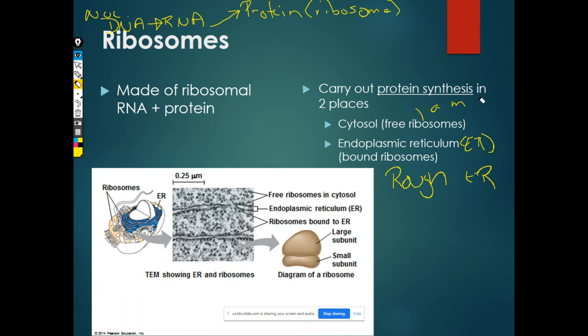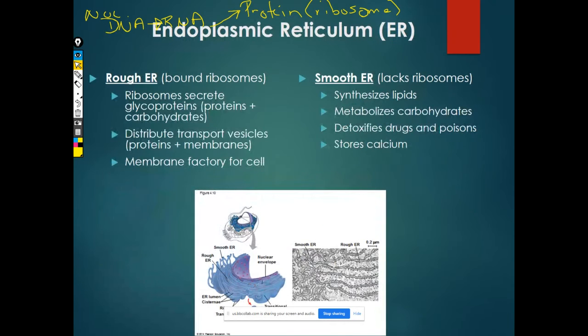We'll keep our track at the top, so we're going to do some erasing. Okay, so let's look at the endoplasmic reticulum itself. We already know about this left-hand guy, right? That's the one that has ribosomes on it.